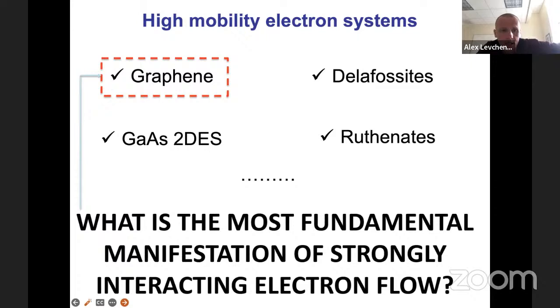The question we can ask is, what are the most fundamental manifestations of strongly interacting electron flows? You can ask these questions for any of the systems, and there is literature for any of them. I will focus on graphene, and I will give you three examples of these manifestations, which I think are quite unique and interesting, and most importantly are well under theoretical control and have been tested experimentally.